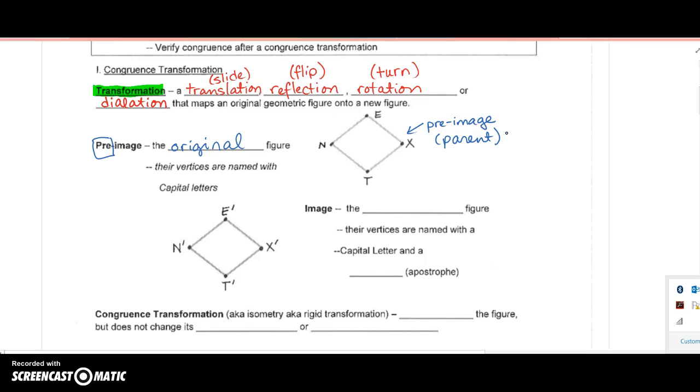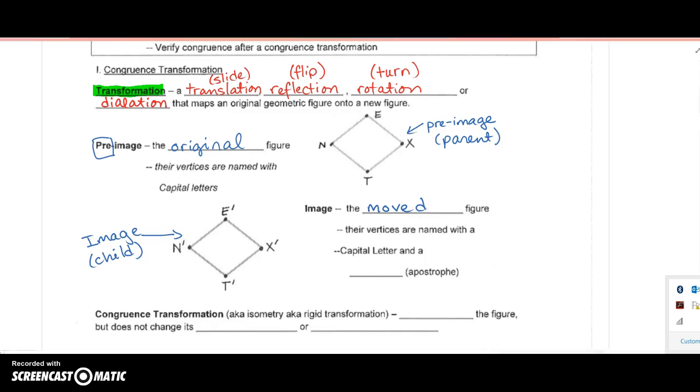Then we have the image, which is this guy. That's the moved figure. And the image is also sometimes called the child. This makes sense, of course, because we know children come from parents. So in a similar way, the image comes from the pre-image, it's just moved. So the image is the moved figure.